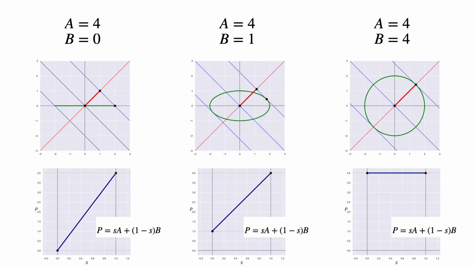So let's look at the relation between S and P. Let's start with the ellipse case in the middle. It's a straight line, and it starts on the left at B, and then it goes linearly up to A for S is 1.